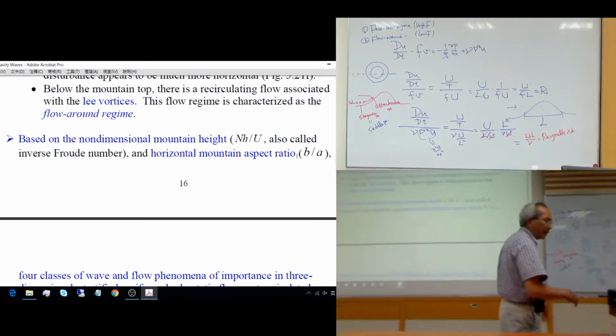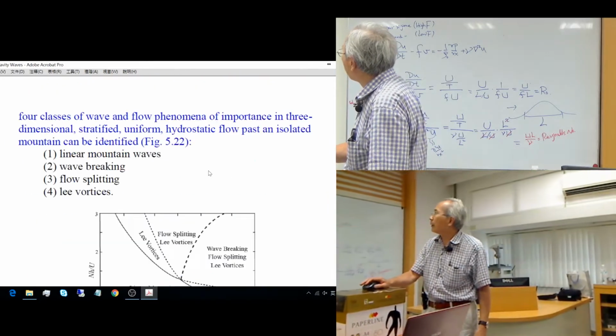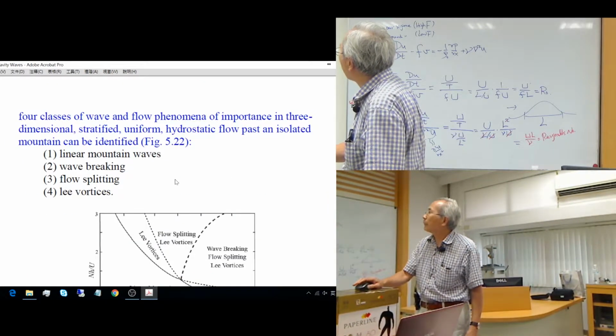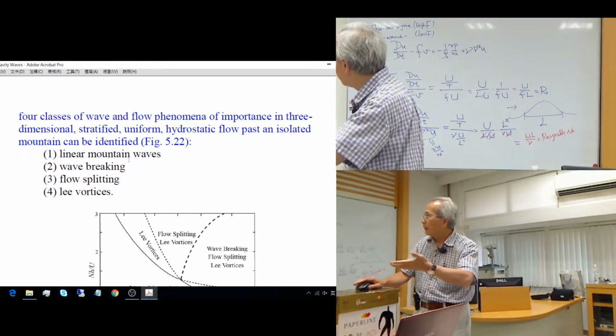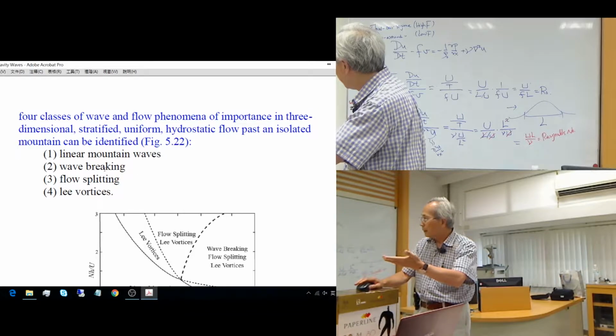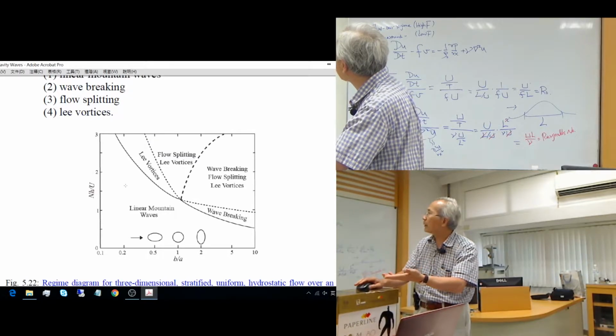Based on these two non-dimensional parameters, you can have different kinds of weather phenomena observed. You can have linear mountain waves, wave breaking, flow splitting, and vortices.